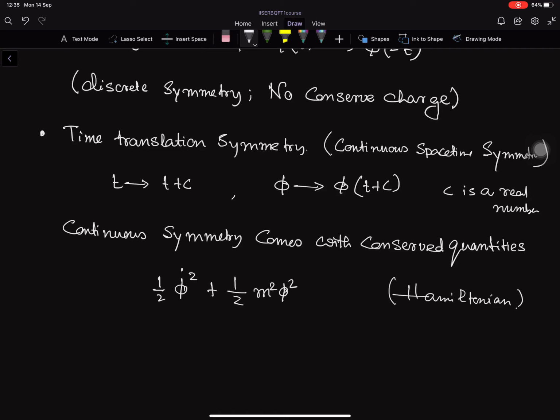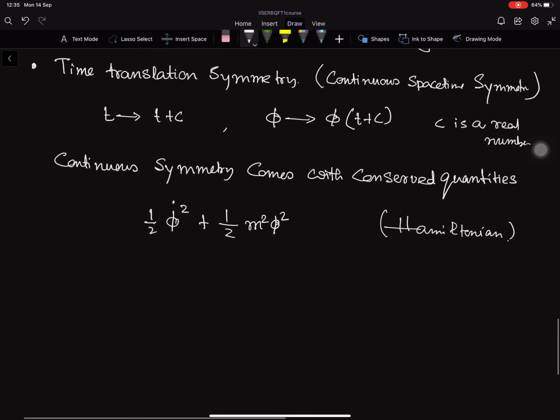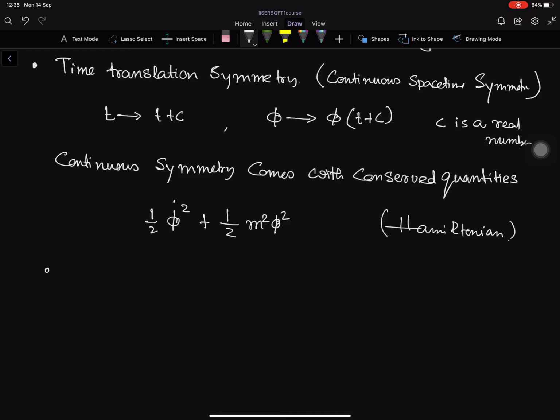Also, there is another very important symmetry here, which is a field space Z2 symmetry. This is a field space symmetry.